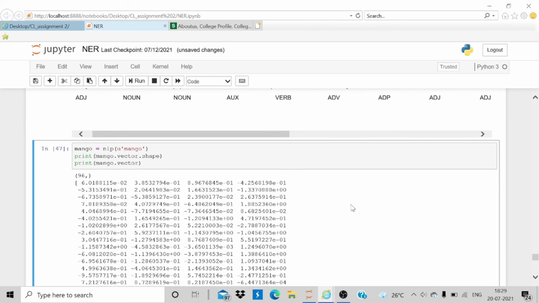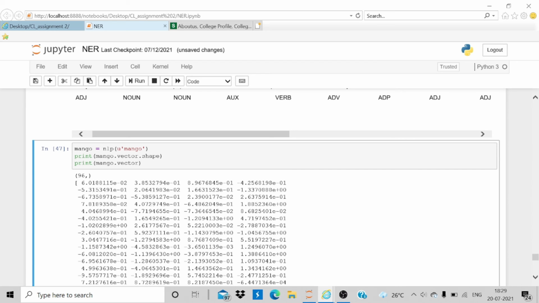Okay, and then how each word, so to make a machine process a given sentence, the machine can understand only numbers. So the given sentence needs to be converted into a number format. Okay, so as we can see, this pipeline en_core_web_sm also consists of a token to vector conversion pipeline.